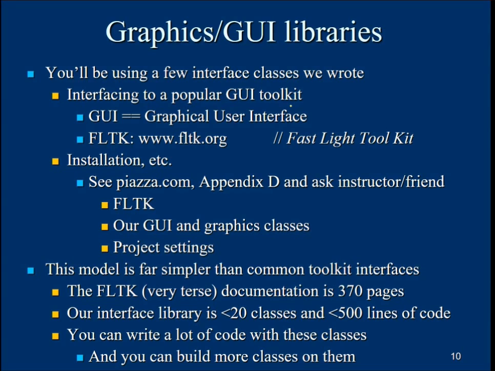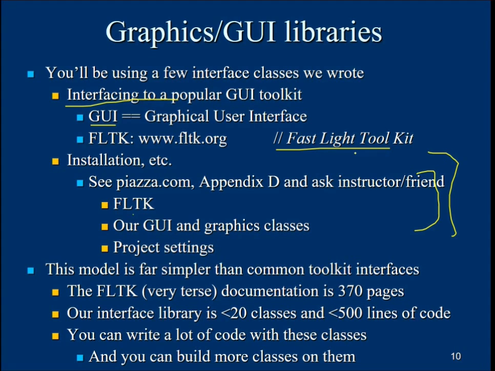You'll be using a few interface classes interfacing to a popular GUI kit, that is, graphical user interface. You also have FLTK, the Fast Light Toolkit, and there are various installations for FLTK and GUI and graphics classes and project settings, all those things which Stroustrup has recommended.